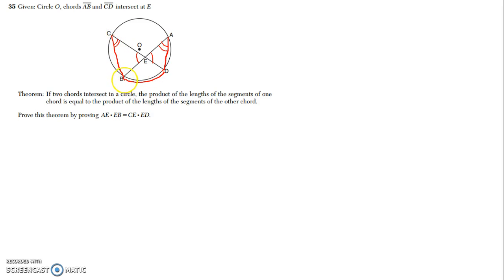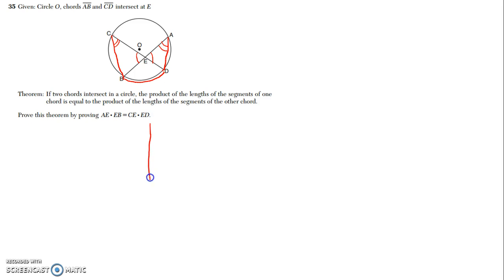And if you look at this arc BD, there's another inscribed angle here, this crazy little angle A, and that too, because it intercepts that same arc BD, will be half the measure of arc BD. And those two angles are congruent. So then you're going to have angle, angle, and we've proved the triangles are similar. That's the key to this problem.